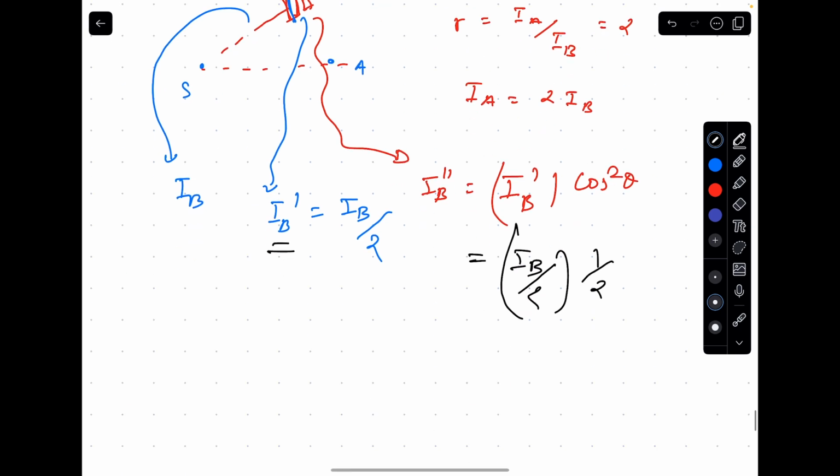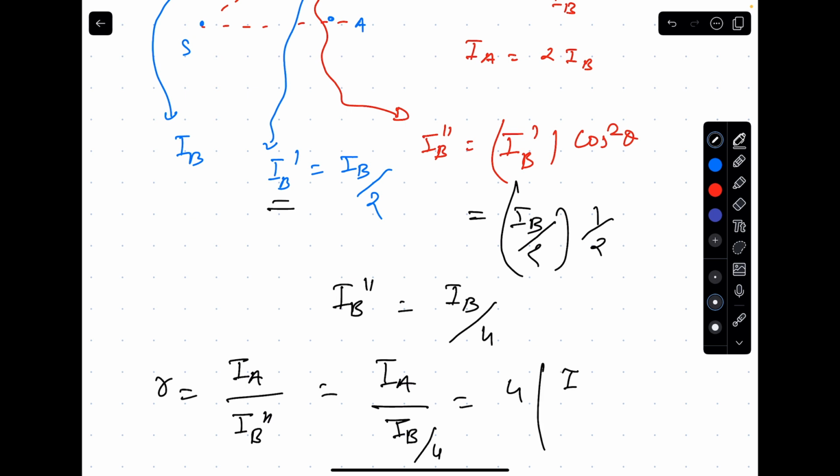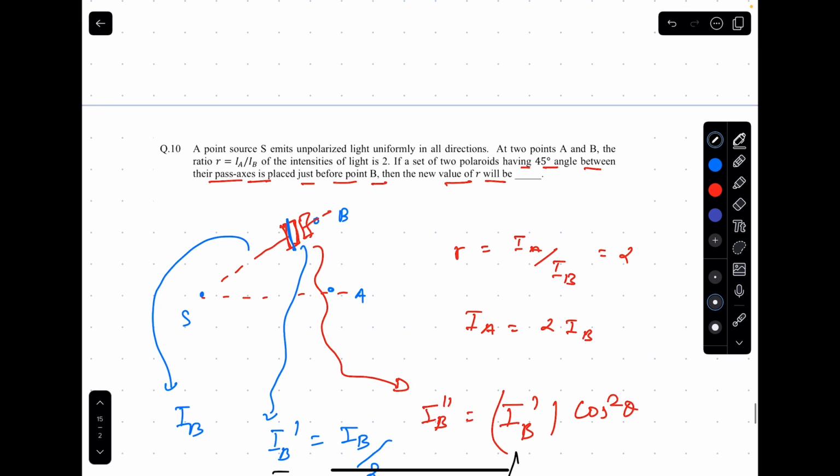So we are getting IB double dash as IB by 4. Now again we need to find the ratio. A is not changing, so IA is IA only, but B is IB double dash. So IA divided by IB double dash is IA divided by IB by 4, which is 4 times IA divided by IB, and IA by IB initially was 2, so that becomes 8. So 8 is the answer for this question.